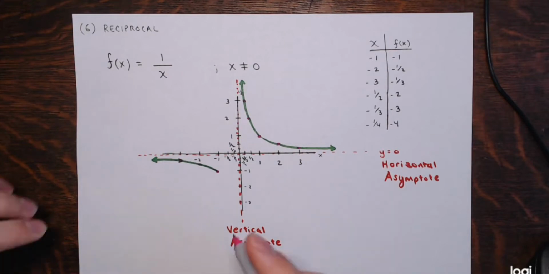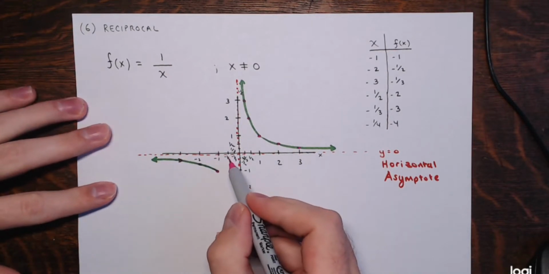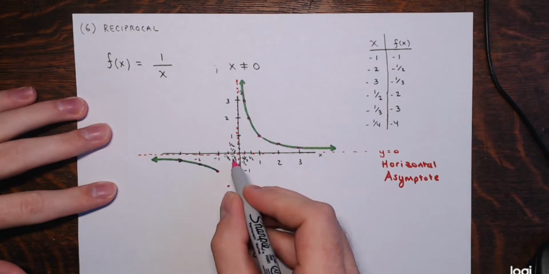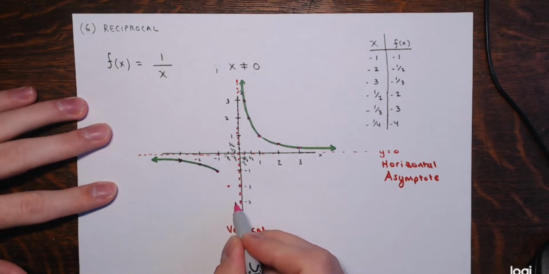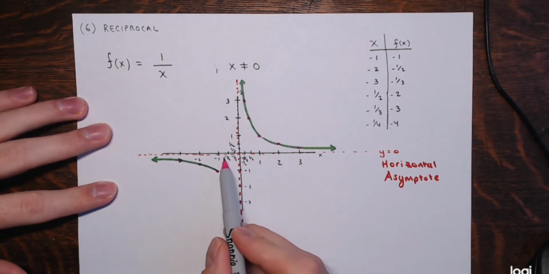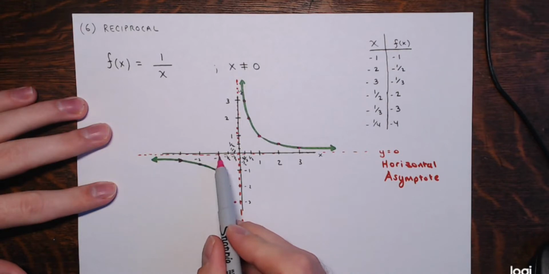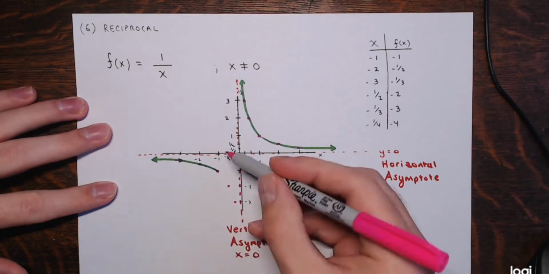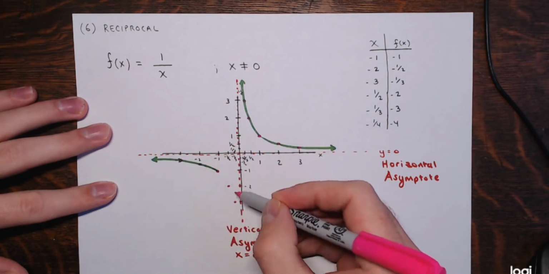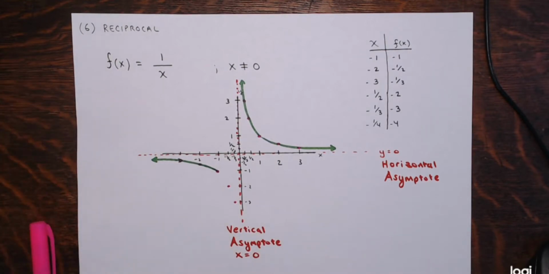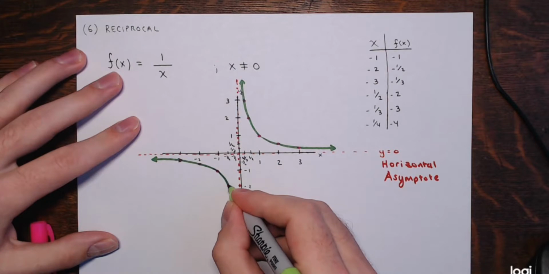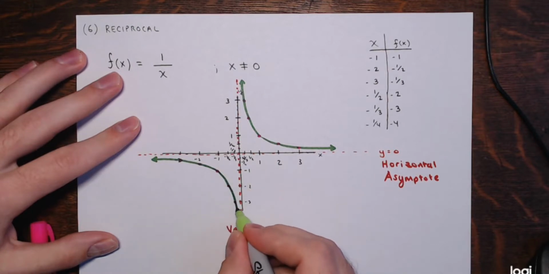Then the reciprocal of -1/2 is -2. The reciprocal of -1/3 is -3. And what you're seeing again is, as I get closer to 0 on the left side, the negative side, the outputs get smaller and smaller. They go more negative: -2, -3, -4, -5, -1 million.